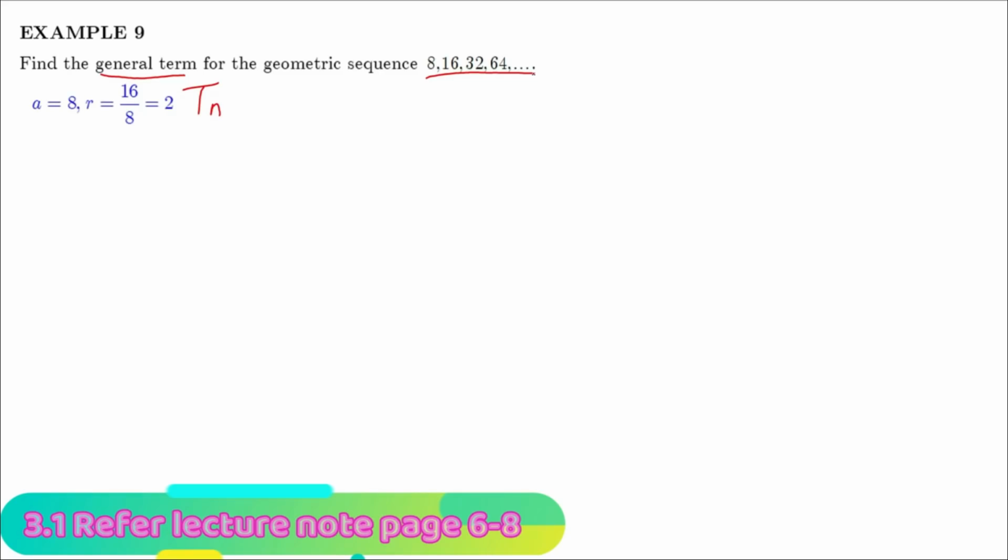So the general term here is Tn equals A times R to the power n minus 1. Substituting our A and R we found previously, we have 8 times 2 to the power n minus 1, and simplifying it, we have Tn as 2 to the power n plus 2. And we're done.